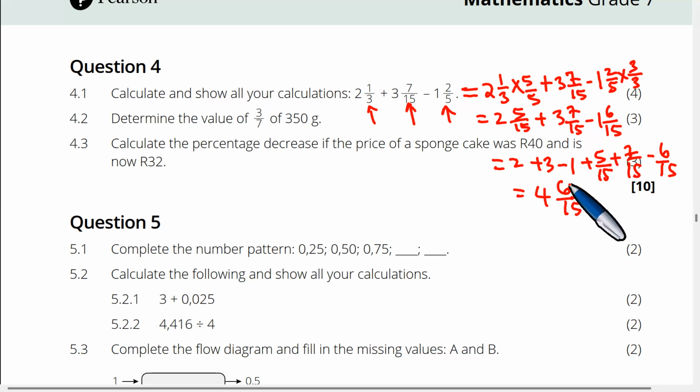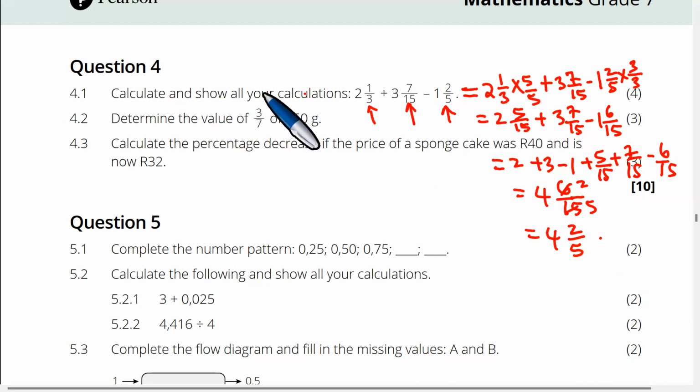So that is the answer. But obviously you can simplify this because 3 goes how many times into 6? You can divide by 3. 3 divides 6, that is 2. And 3 divides 15, which is 5. So we have 2 out of 5. Okay, this is the simplest answer.